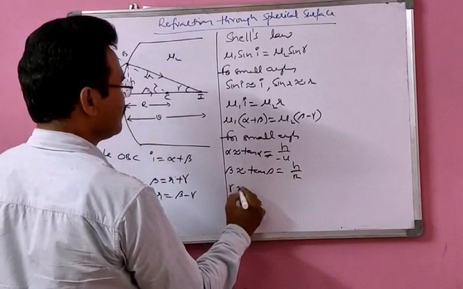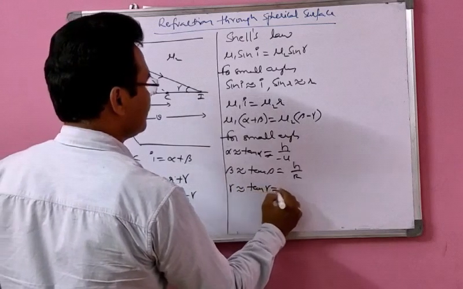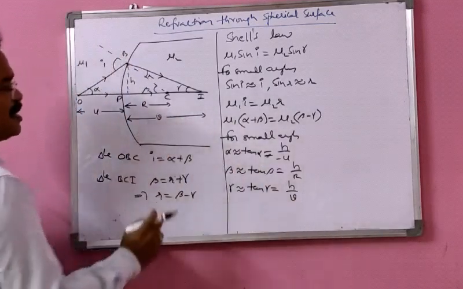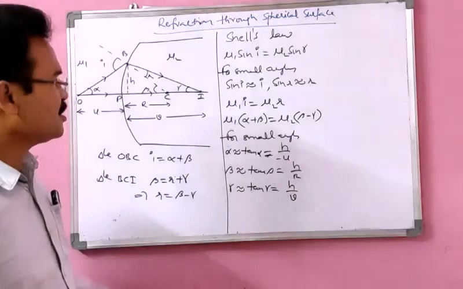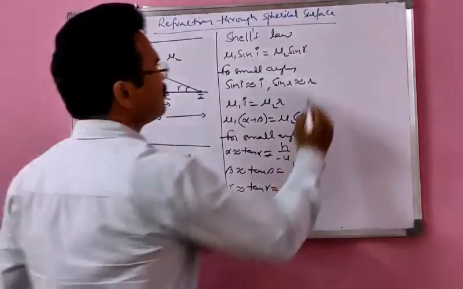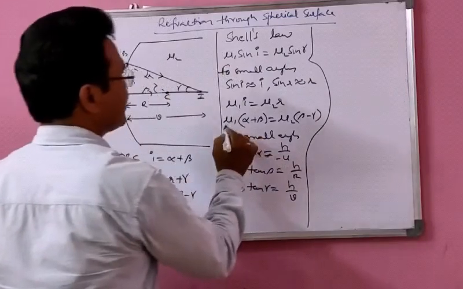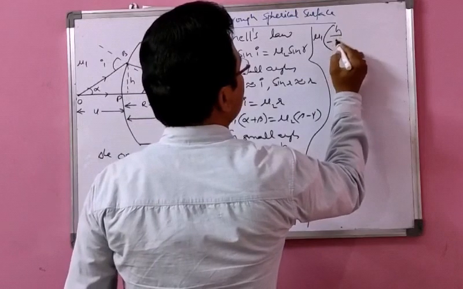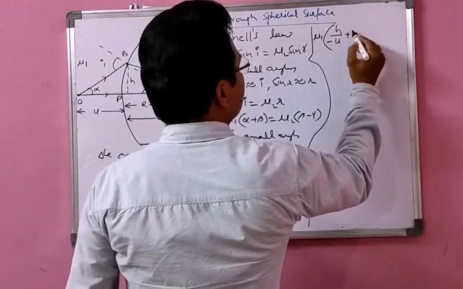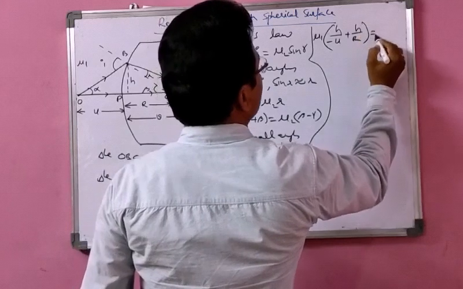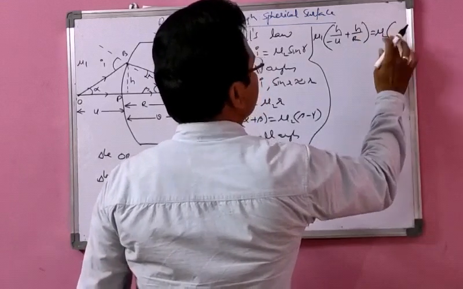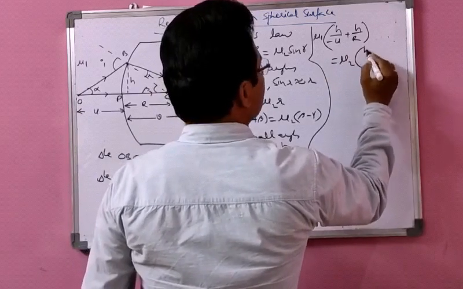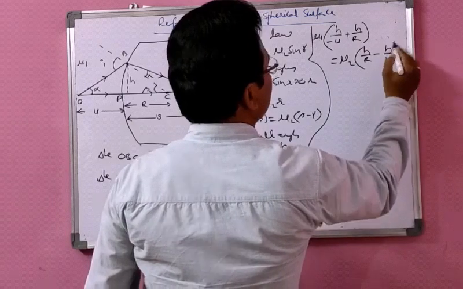Gamma is approximately equal to tan gamma, which is h by v, and v is also positive as per the sign convention. Substituting these values, mu1 of (h by minus u plus h by R) equals mu2 of (h by R minus h by v).